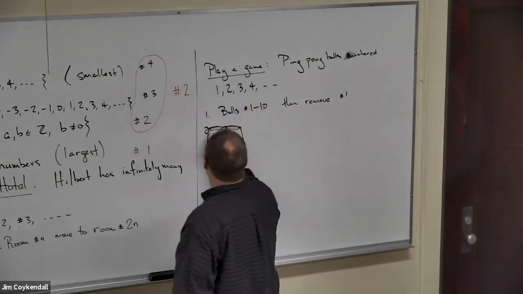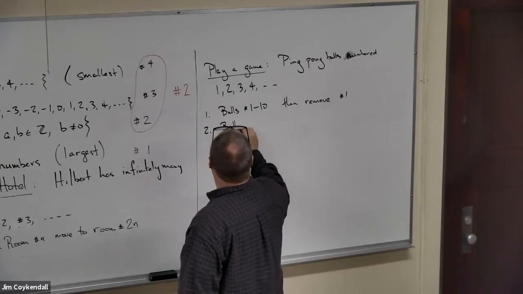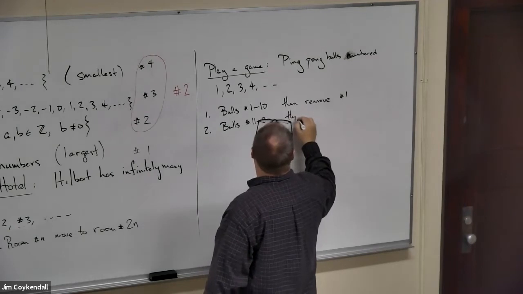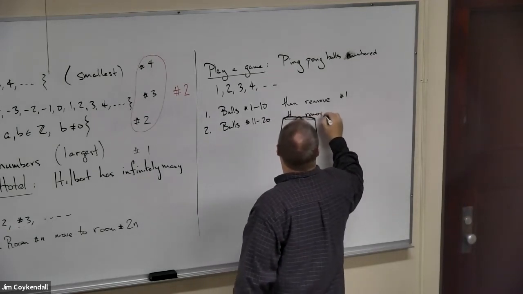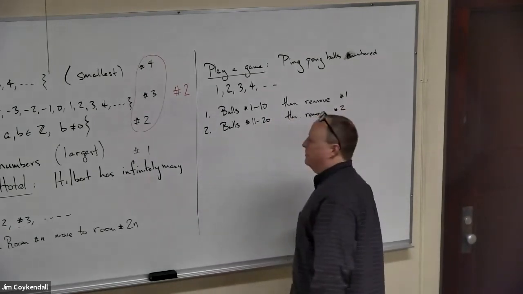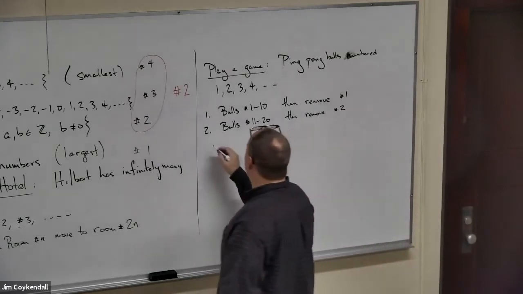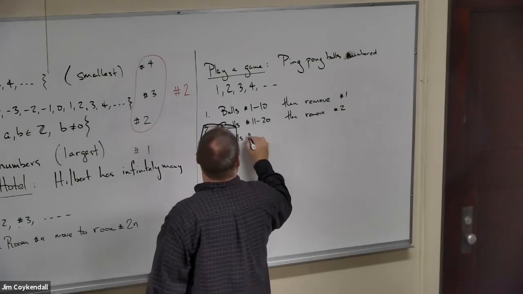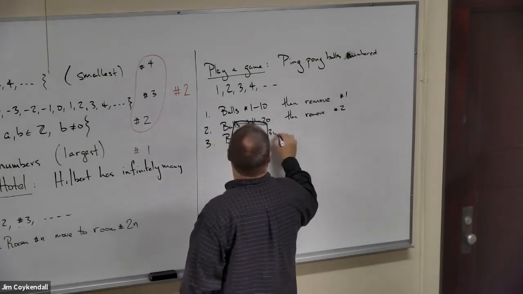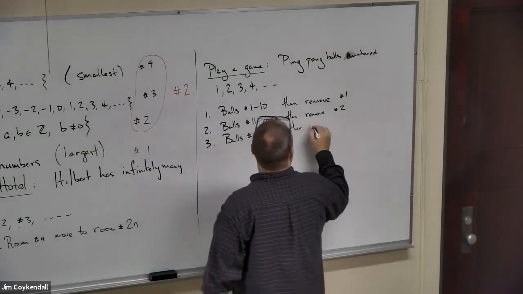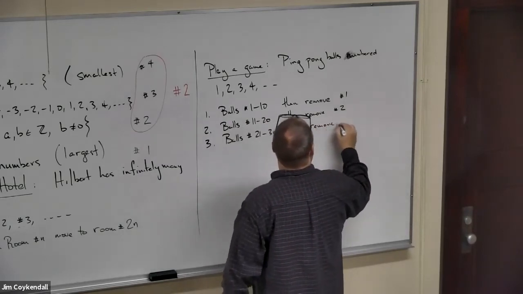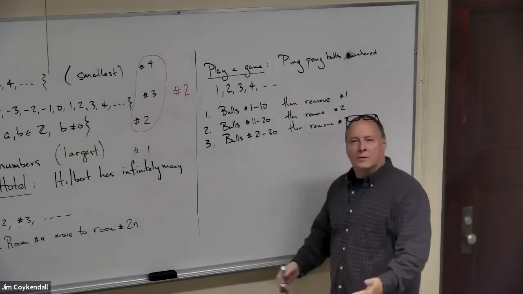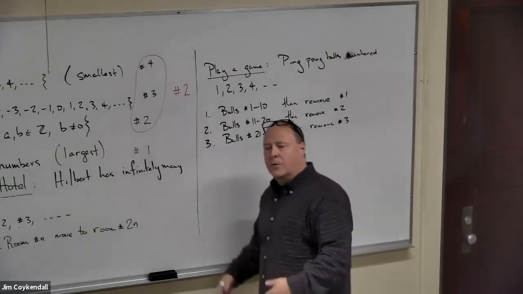At half a minute before midnight, I'm going to put in balls number 11 through 20, then remove number 2. At a third of a minute to midnight, I'm going to put in balls number 21 through 30, then immediately remove number 3. And at a quarter minute to midnight, 31 through 40, and so forth.